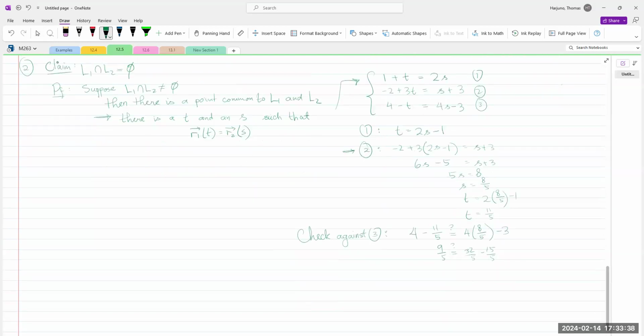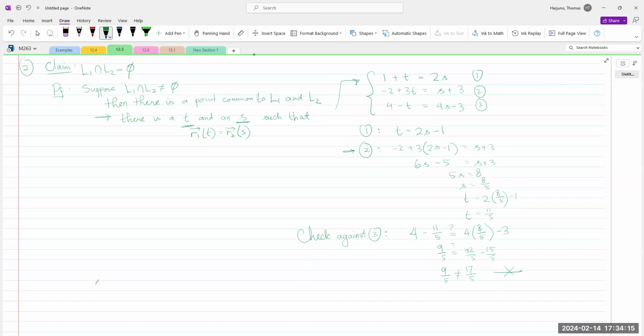No, it's not. 9 over 5 is not equal to 17 over 5. If they intersect, there must be a T and S that satisfy this equation. We found T and S from the first and second equations, but it is not consistent when we apply that to equation 3. In other words, there's no T and S that can solve all 3 equations at once.